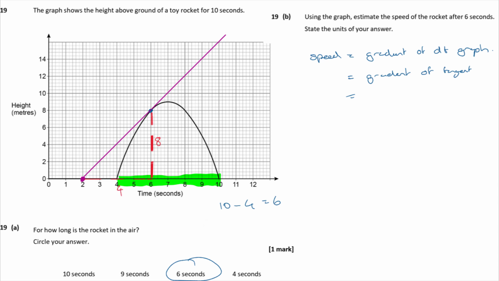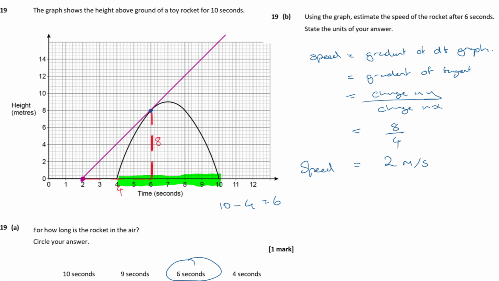So the gradient is change in y divided by change in x, which is 8 divided by 4. It's got a gradient of 2. So the speed is equal to 2. 2 what? Well, the height's in meters and the time is in seconds, so the speed is in meters per second.